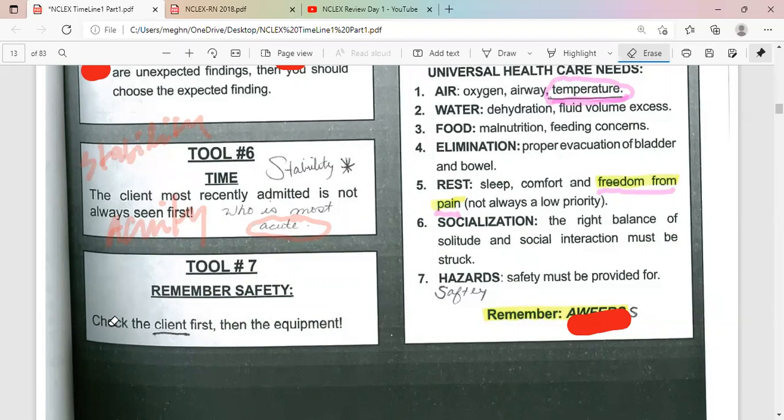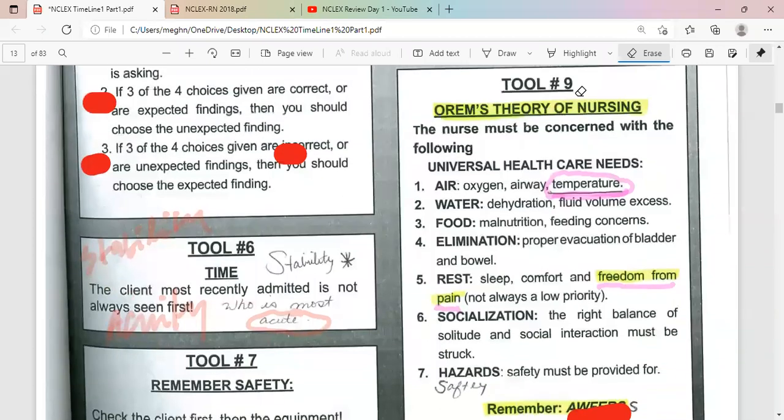So check the client first, then the equipment, like a patient with a chest tube or tracheostomy tube. If any abnormalities occur or a reading is not normal, we always check the client first, then we check the equipment.